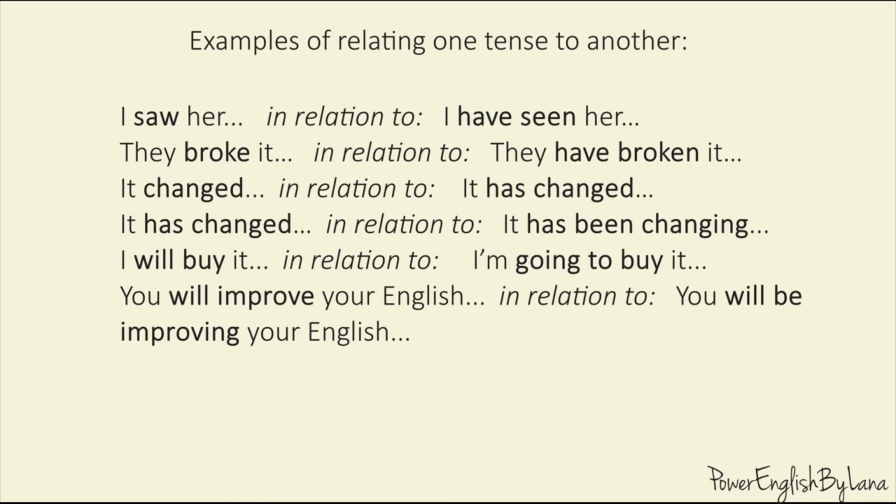Another example, I will buy it in relation to I'm going to buy it. And finally, you will improve your English in relation to you will be improving your English because it's a constant process.